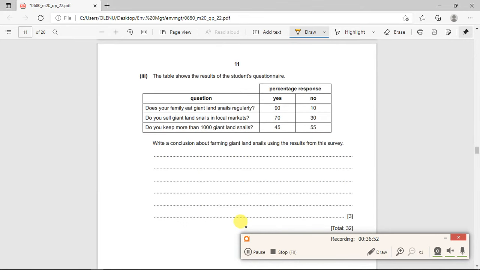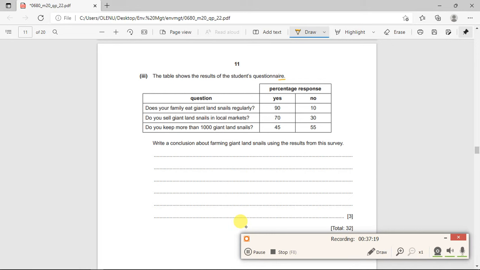Now, they say the table shows the result of the student questionnaire. The first question here is, write a conclusion about farming giant land snail using the result from the survey. So this is the survey. You can actually just make a quick conclusion from this result.